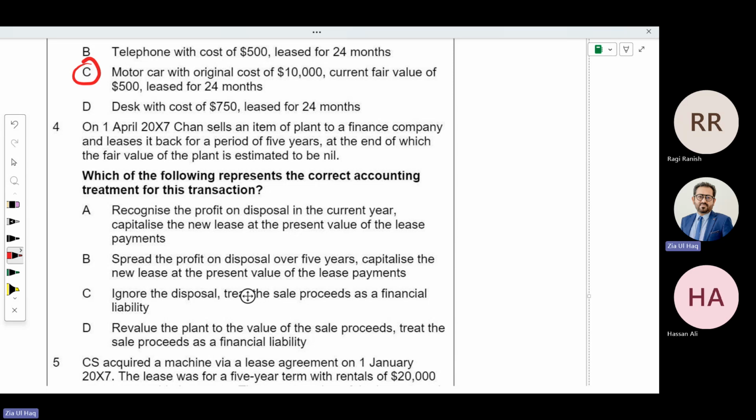If you are selling an asset to a finance company, whether the control of the asset will be transferred to them, what will the bank do with the asset? They will never take this asset because it's of no use for them. So this is not sale and leaseback.